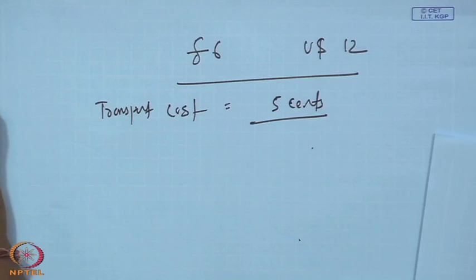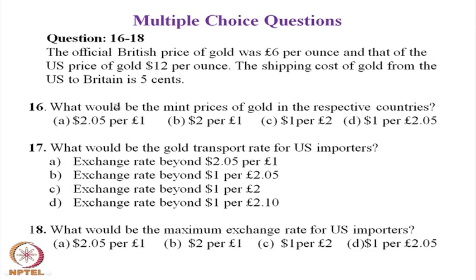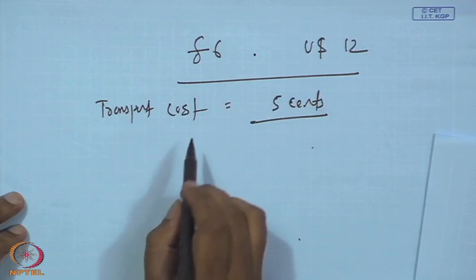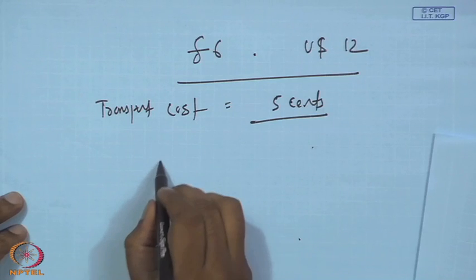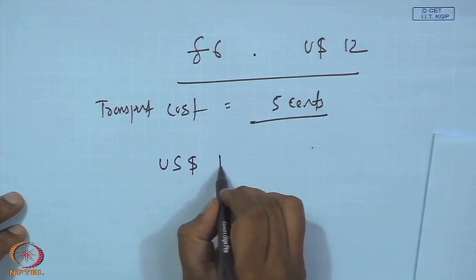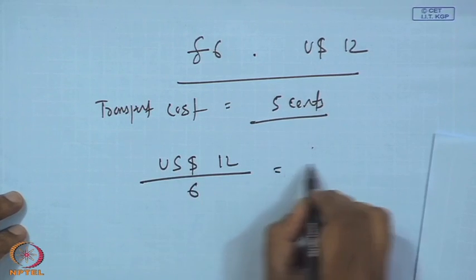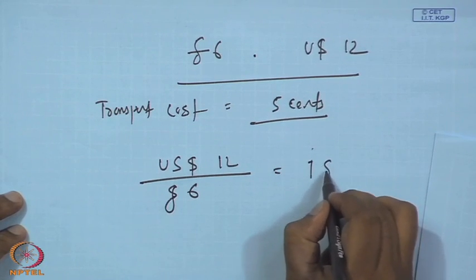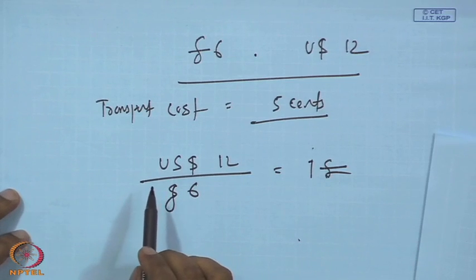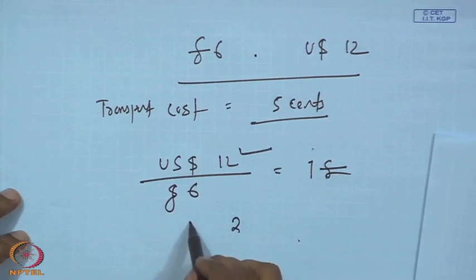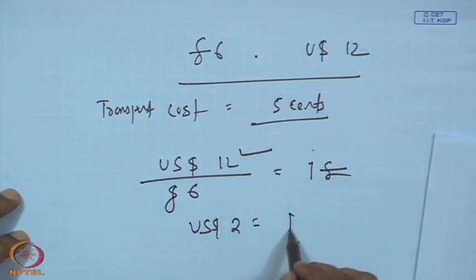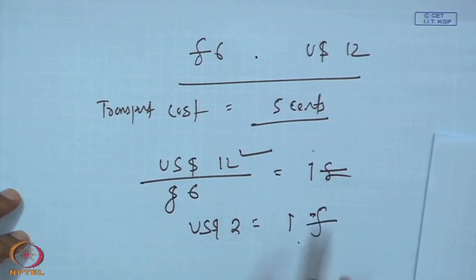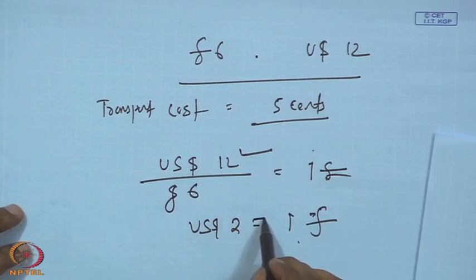Then for question number 16, what would be the mean price of gold in the respective countries? US dollar 12 by 6 pounds sterling, that is 2 US dollars equal to 1 pound sterling.